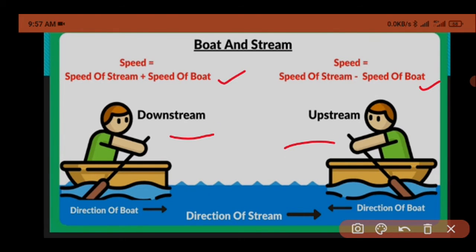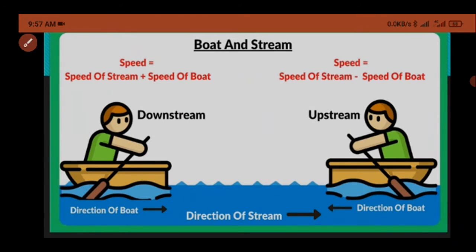But if it is opposite of that, then it is called upstream. So speed in downstream, what will it be? Both the speeds will be added, speed of the stream as well as speed of the boat. But for the upstream, speed of the boat minus speed of the stream we have to do.